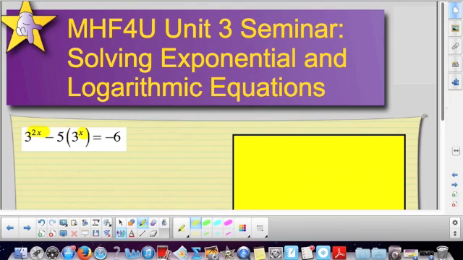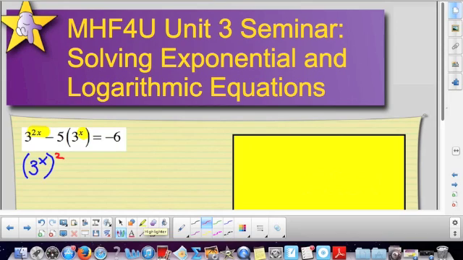So first of all, I'm going to rewrite this question with 3 to the power of x, because I want both of these expressions to have a common base. 3 to the power of 2x can be written as 3 to the power of x, to the power of 2. Does everyone agree with that? Because the rule is to multiply your exponents.